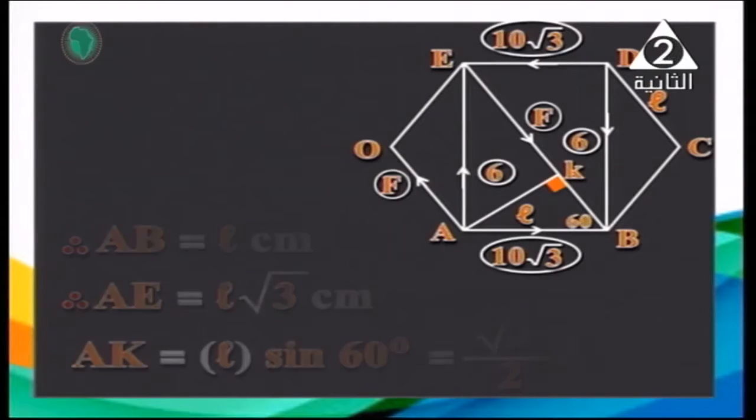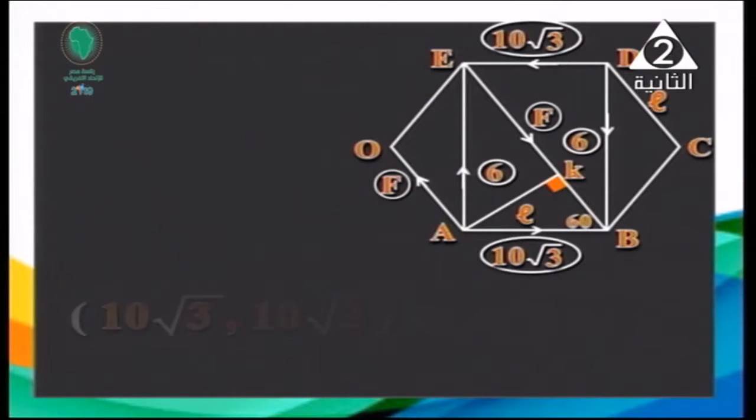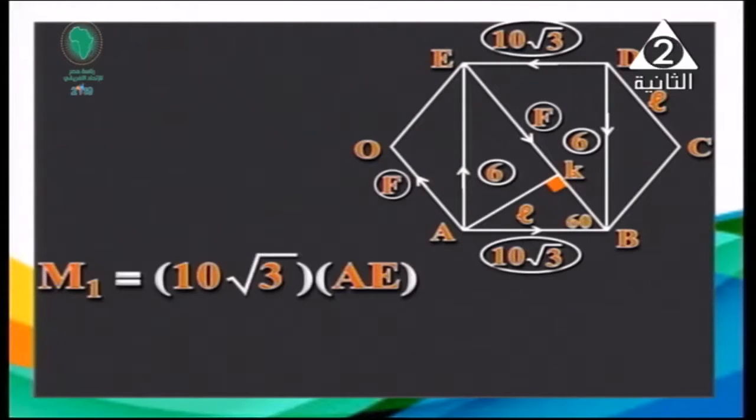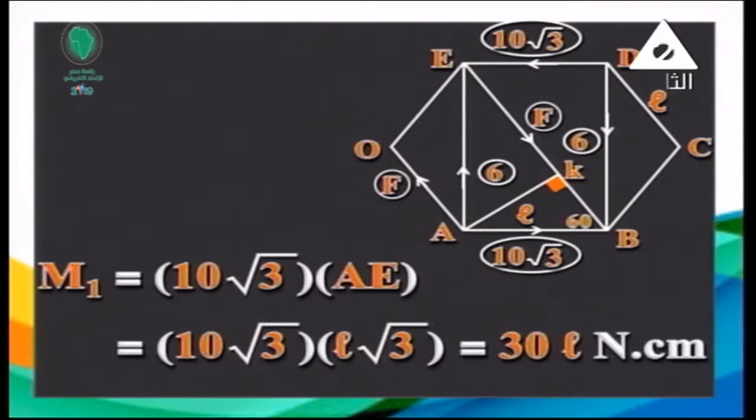Then the first couple, 10 root 3 and 10 root 3, form a couple. Its magnitude is 10 root 3 times L root 3, equal to 30 L. Remember, my dear student, the couple unit is Newton centimeter.